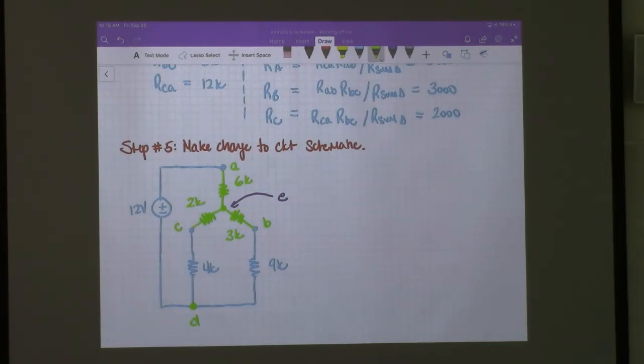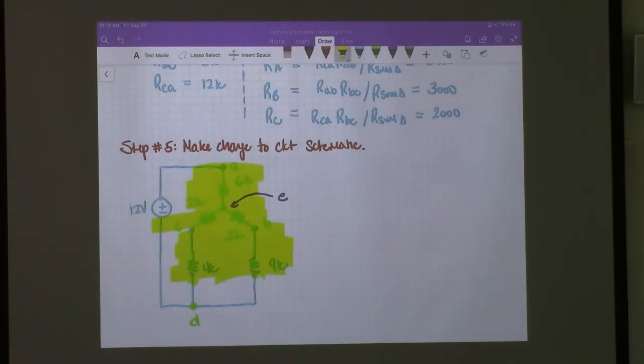Now we see that these two are in series with one another. You'll be able to combine them. The resultant of the 2 branches will be in parallel, and that will be in series with the leftover 6K.